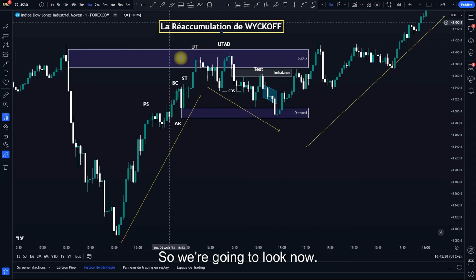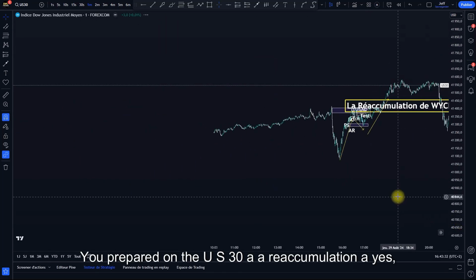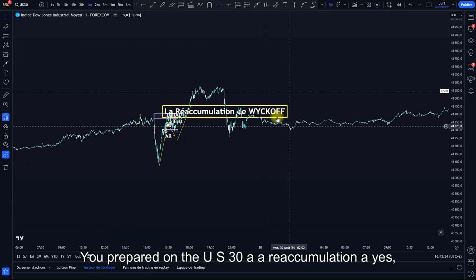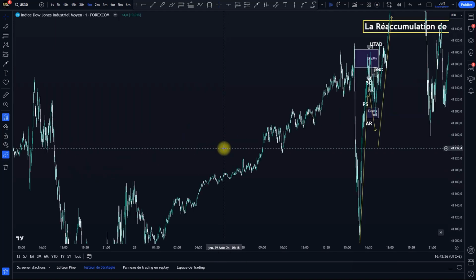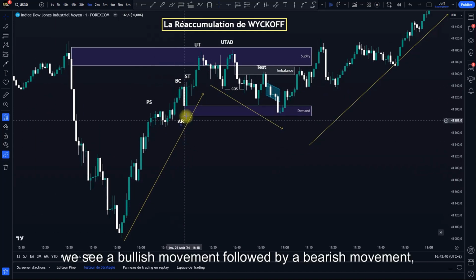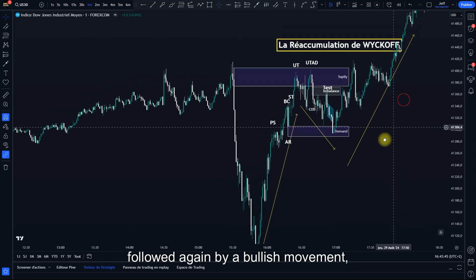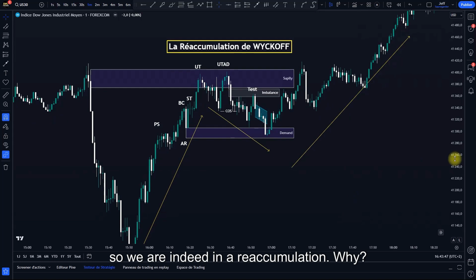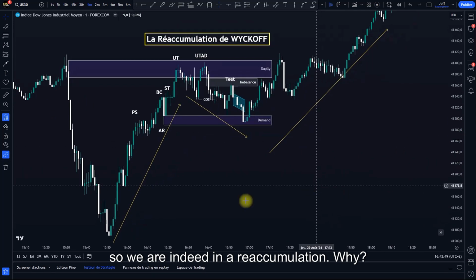So we're going to look now. I prepared on the US30 a reaccumulation, yes, that's a reaccumulation. Here we see a bullish movement followed by a bearish movement, followed again by a bullish movement. So we are indeed in a reaccumulation. Why?